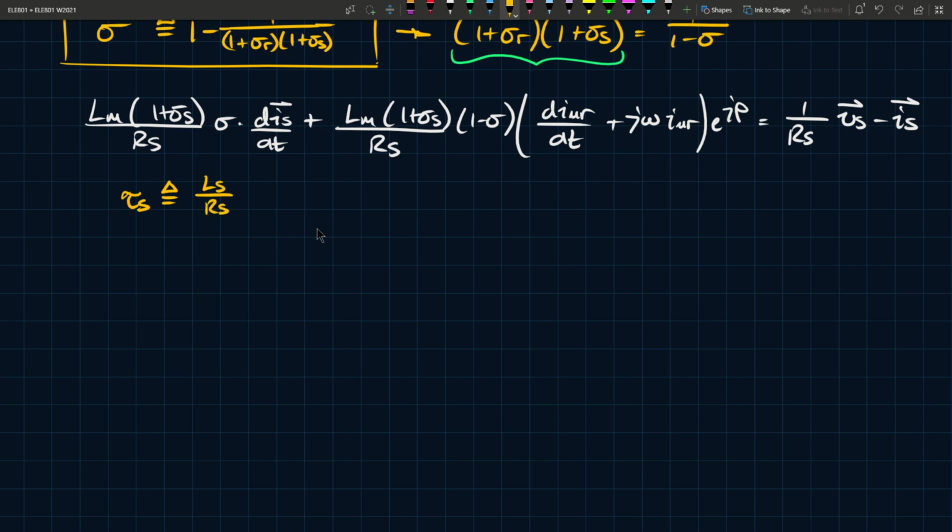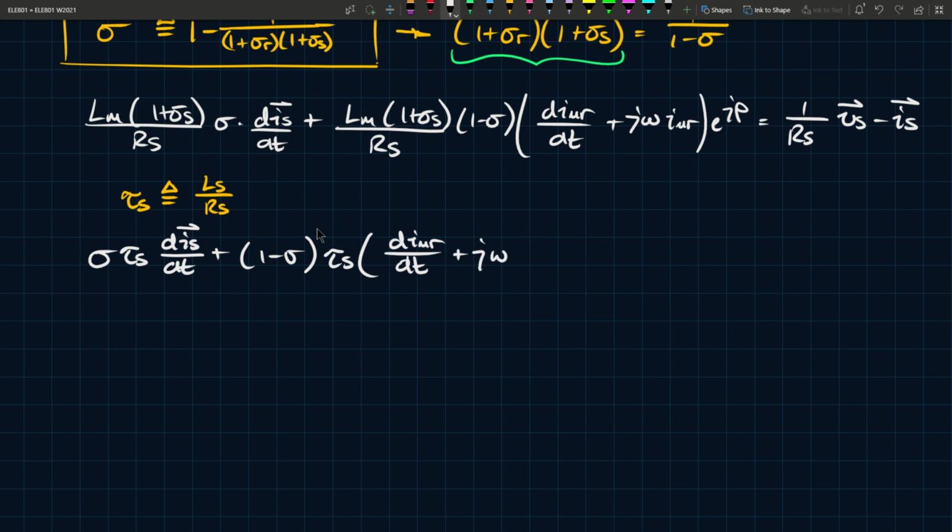Now if I substitute this into the equation and make some additional simplifications, I'll end up with the following: sigma tau s dis by dt plus 1 minus sigma tau s dimr by dt plus j omega imr e to the j rho is equal to 1 over Rs, Vs minus Is.